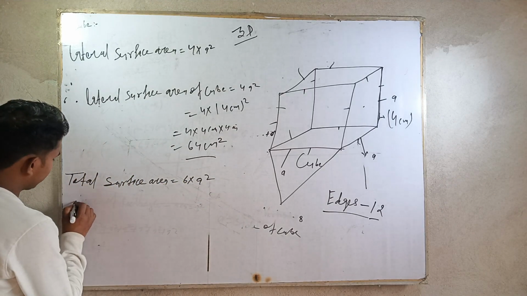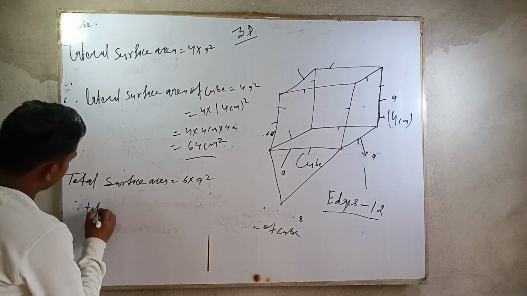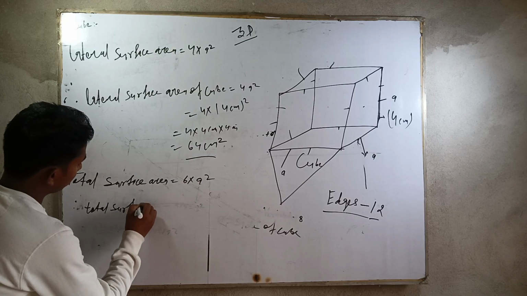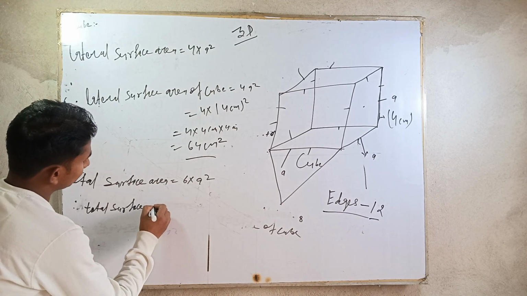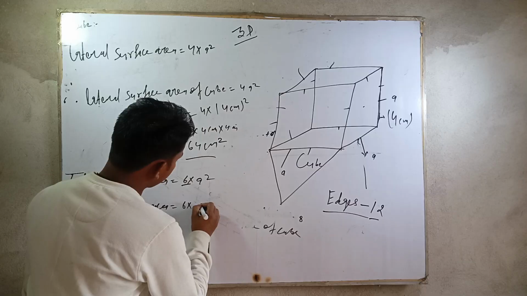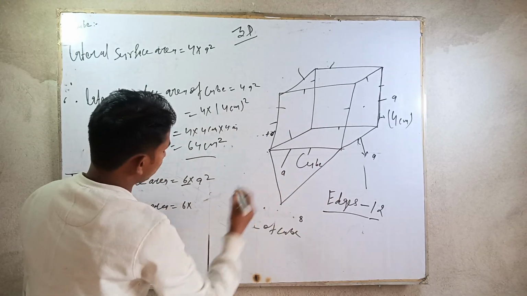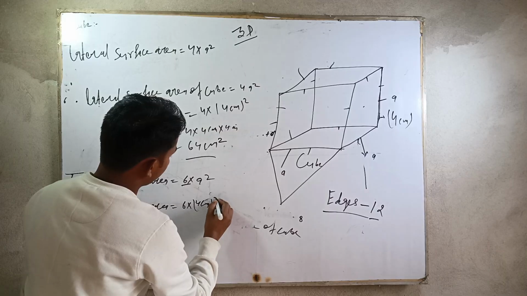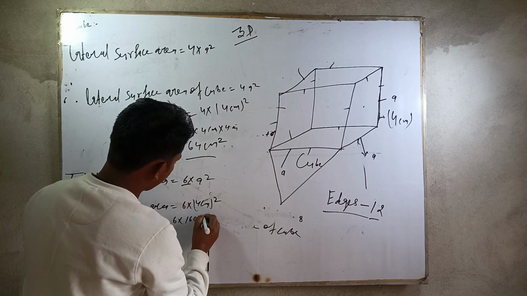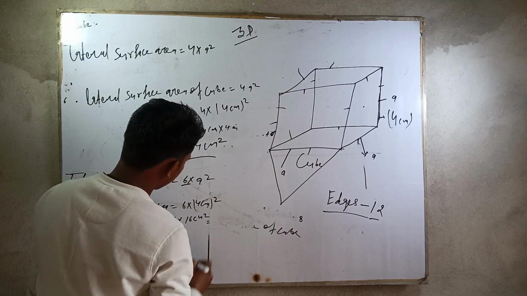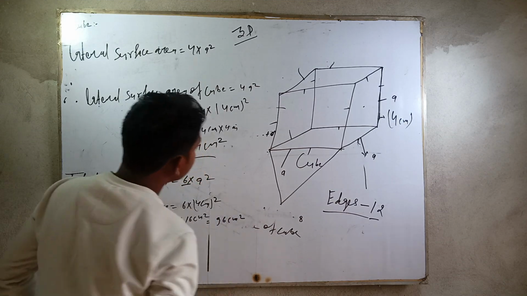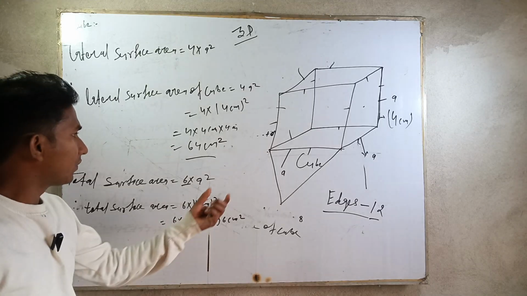Replacing the value 4 centimeter, that means 6 into 16 centimeter square, 96 centimeter square will be the surface area of this cube.